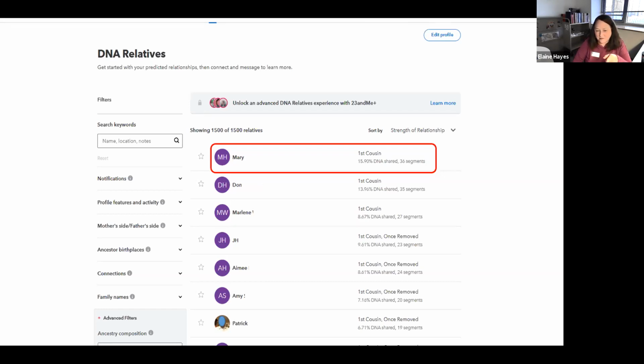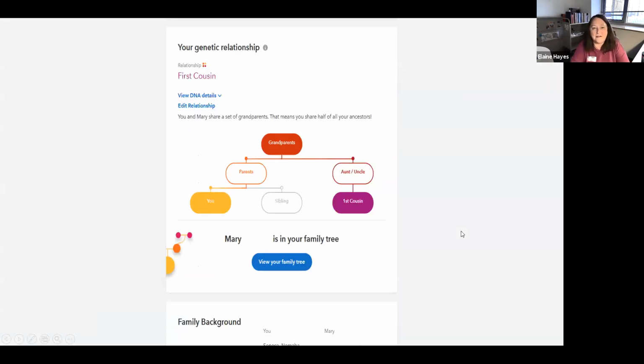And I was able to actually look through the first 10 of these people and figure out who they were. Which exactly cousin is this? But I clicked on Mary, and it'll show me how I'm related to Mary. We share grandparents. And Mary is in my family tree because I've put in my family tree.